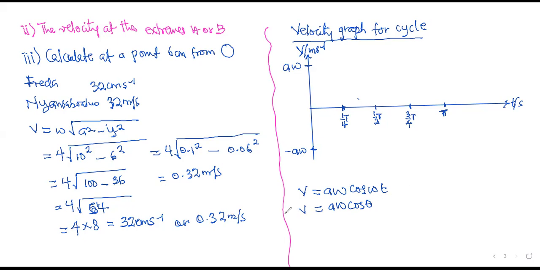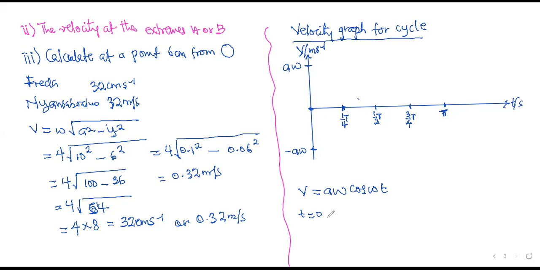Now, this is the equation that will be used for this graph. Now, class, when t is equal to 0, what is the velocity? The same thing as we use when we're plotting the displacement graph. When t is equal to 0, what will be v? Can somebody work this out for me? When t is equal to 0, what will be v?